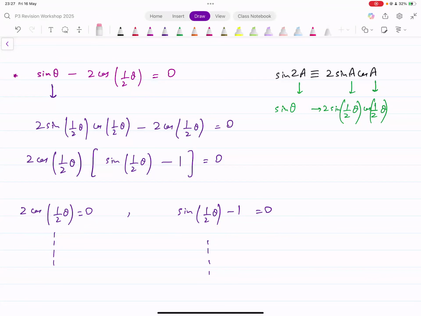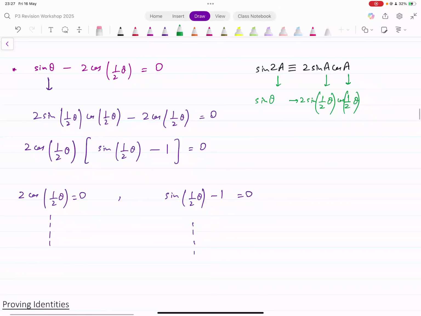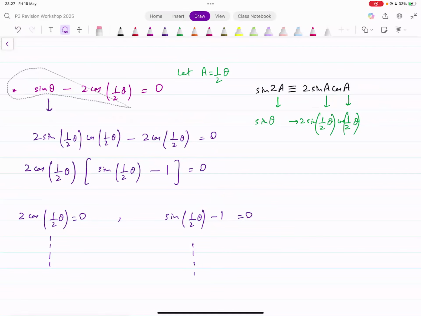An alternative, relatively easier way of solving this could be to use a substitution in the very beginning, like this, that you say, let A equal half theta. If you were to do that in the very beginning, then this equation could actually be written like this.